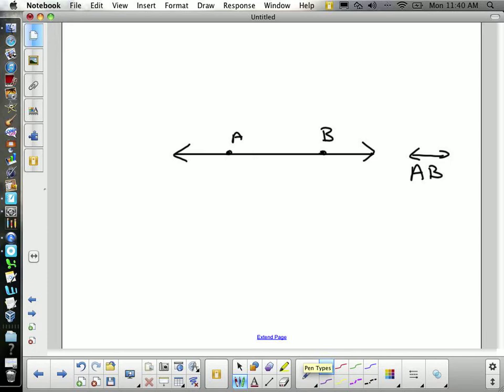How about B? What would that be? That has two endpoints, C and D. So what would we call that? Segment CD. What's a segment symbol look like? A segment, right? No arrows?